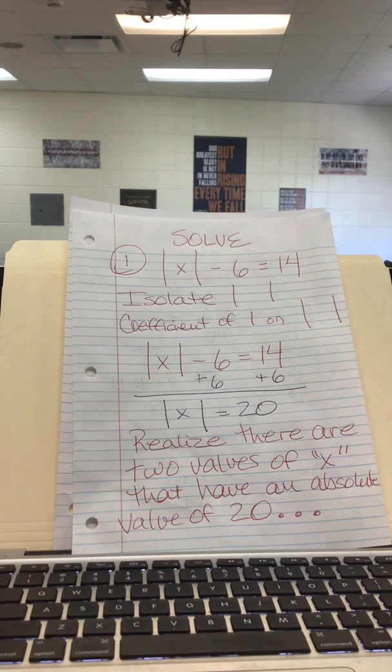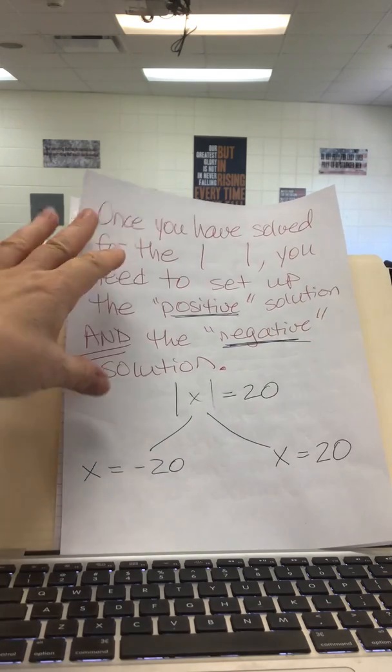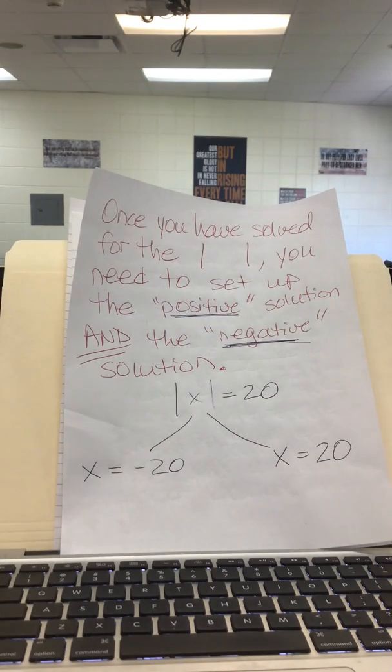So when we're solving absolute value equations, once we have isolated the absolute value bars and gotten a coefficient of 1 on them, our next step is to set up the positive solution and the negative solution.